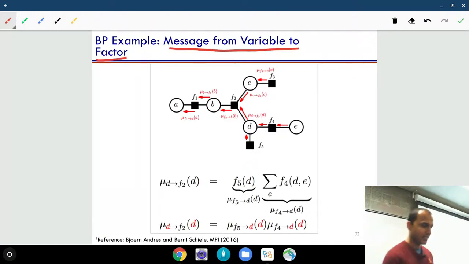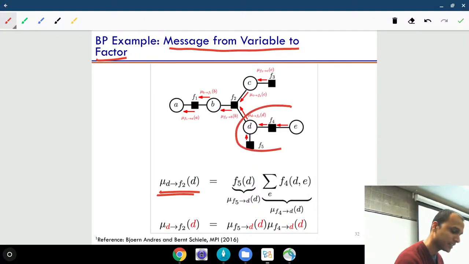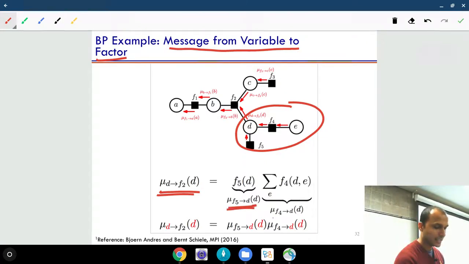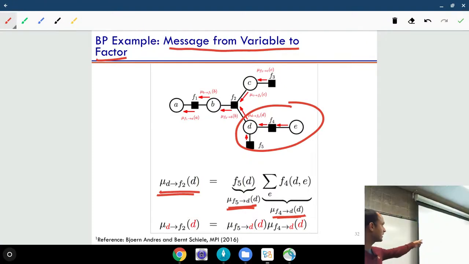For that, in the previous two slides there was a message from D to F2, right? So we want to send a message from this circled area to F2. The way we're going to do it is we'll get a message from the other factors we're connected to. D is connected to three factors.